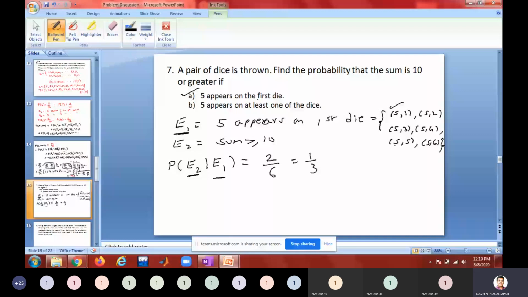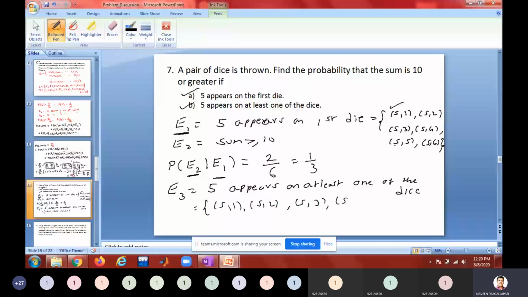Look at the second problem. 5 appears on at least one of the dice. So let us say event E3: 5 appears on at least one of the dice. Then what will be the sample space? 5-1, 5-2, 5-3, 5-4, 5-5, 5-6.